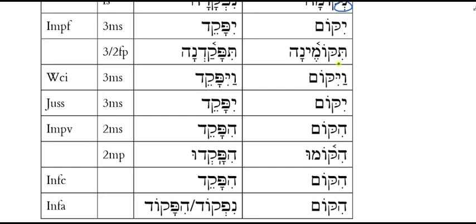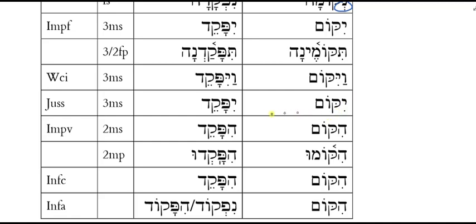All right? Tippakadna for the strong verb, tikomena, tikomena. This sounds sort of similar. Notice I have the same I-class vowel and doubling dot. Okay, and then I have my Holam Vav here, and looky here, I got the helping vowel before the consonantal ending na. The WCI, vayippakad, here, vayikom. It's basically the imperfect with a va in front of it and a doubling dot.